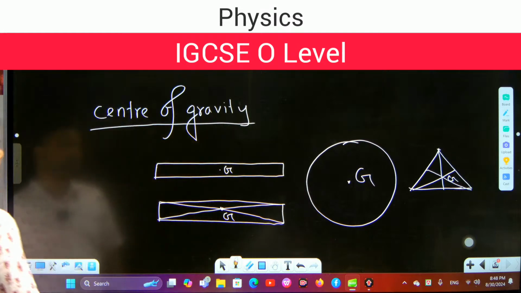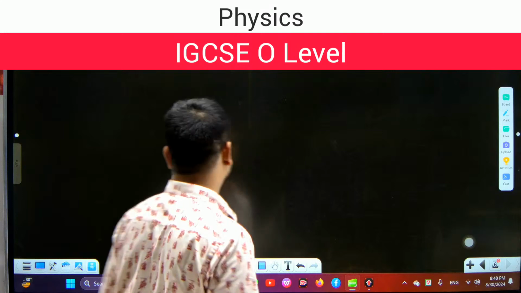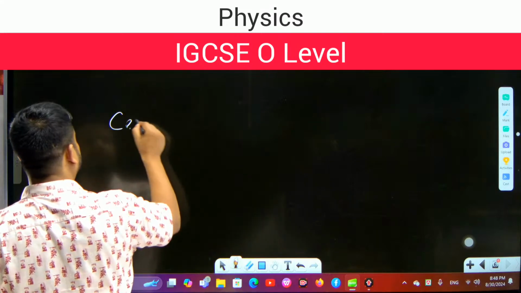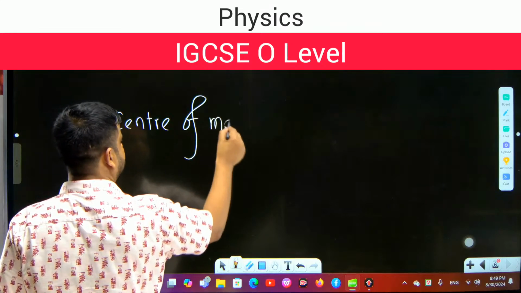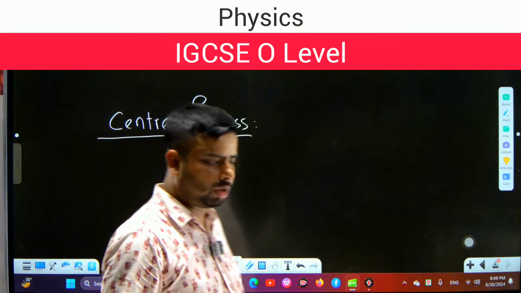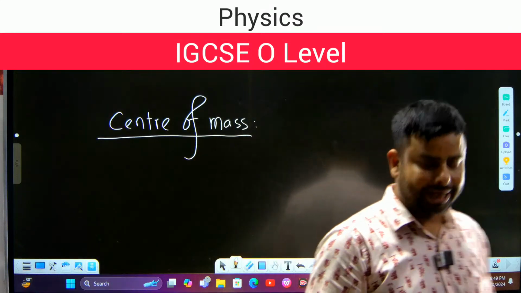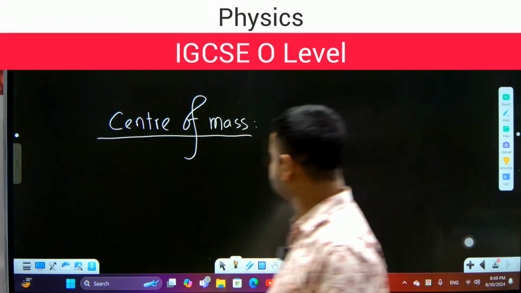Now center of mass: the imaginary point within an object where the total mass of the object is considered to act is called center of mass.